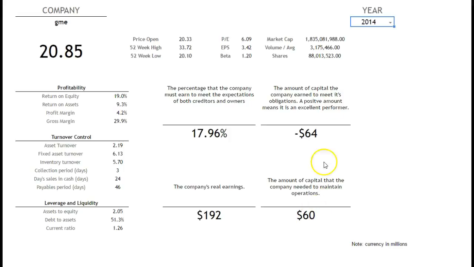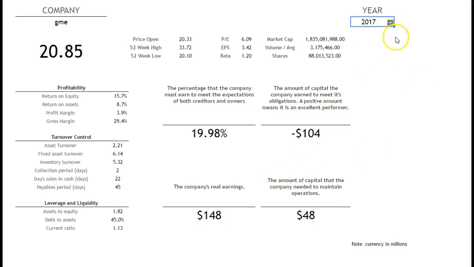Even though they didn't perform as well as other companies when it comes to this section here, they did very well over here, and that makes them a very good performer. Every year I think they had at least two positives, except for 2015, but they still had enough to surpass the needs of the negatives.